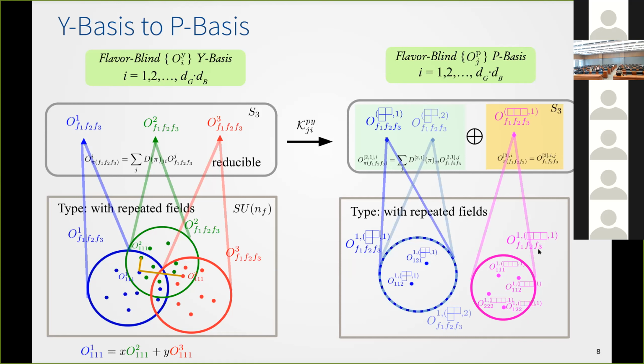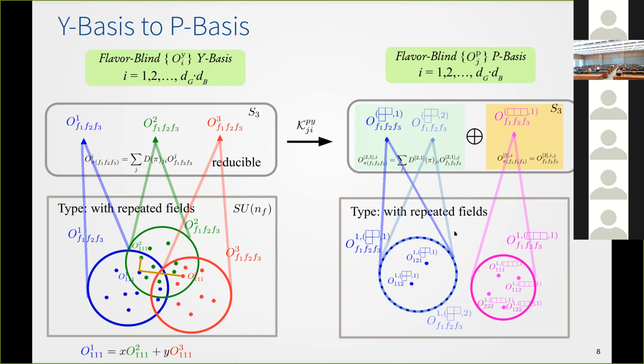And from group theory, one can know that the corresponding tensors in the same irreducible space of the symmetric group span the same SU(N_f) representation space. And this is shown in the square box on the bottom right, where 2 bluish circles represent the space spanned by the 2 bases in this 2-1 symmetric group representation. And these two are overlapped with each other.